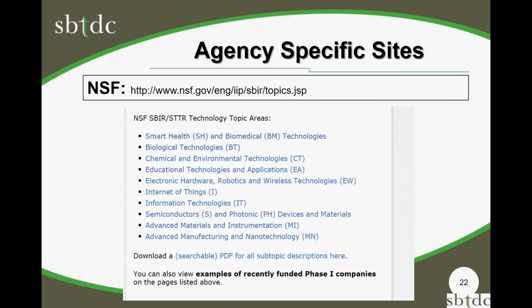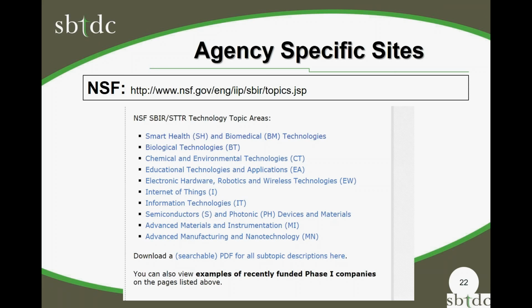Similarly, at the National Science Foundation, they've broken down their areas of interest into various what they call directorates, whereas NIH calls them institutes and NSF calls them directorates. So these are different departments within NSF, and they usually offer between 8 to 10 different broad topic areas on an annual basis.